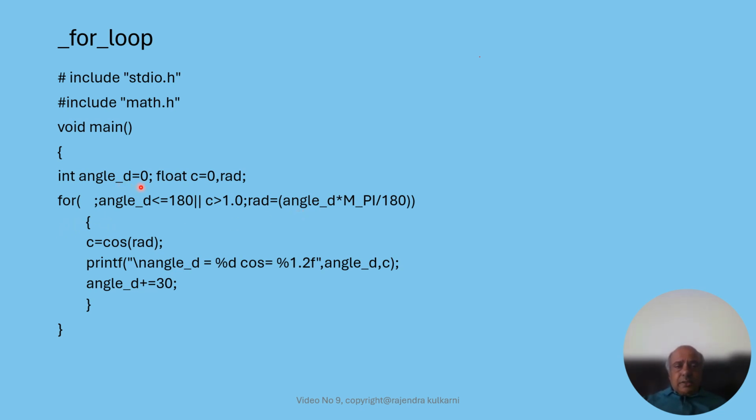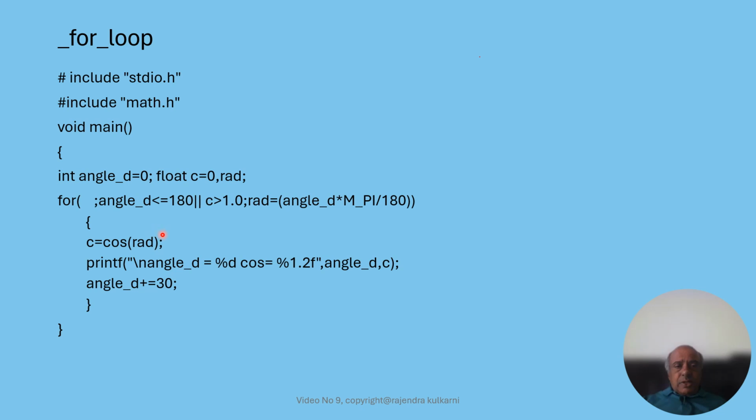Since angle underscore d is 0, it is less than 180, the loop starts execution. Opening brace of the loop, c is equal to cosine of rad, where rad is angle in degrees converted to radians. Rad is a float variable we have declared. C is a float variable we have declared.